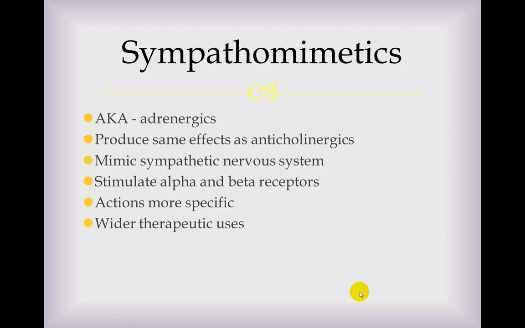The thing about sympathomimetics or adrenergics is that they're more specific than anticholinergics, and because we can target certain receptors, they have wider therapeutic uses. When we target a certain receptor, we're going to have fewer side effects, whereas when we're using an anticholinergic, we're going to get all of those side effects that we may not necessarily want, dry mouth, constipation, all of that stuff.